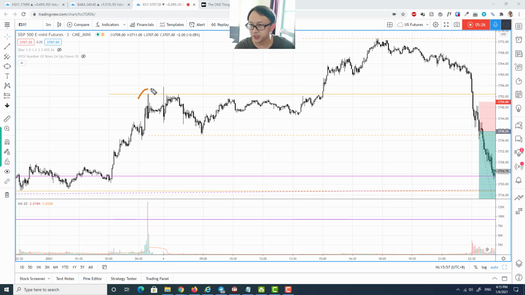This is the previous day high, as annotated with this orange line, and that's the non-RTH high. And we have another day low right there, also annotated with an orange line. And this is the non-RTH low, which I drew with a dotted orange line as well.